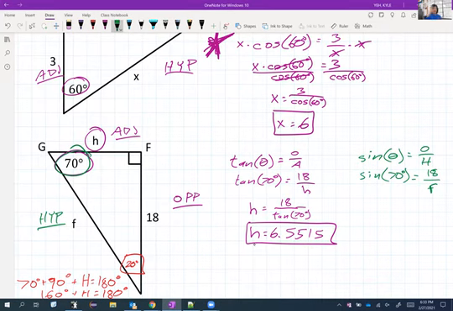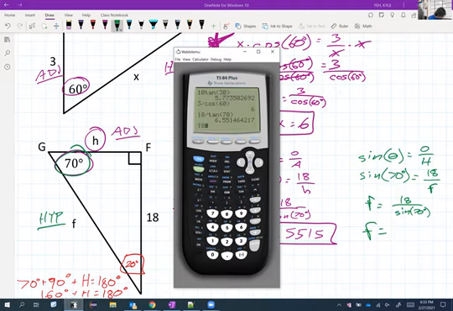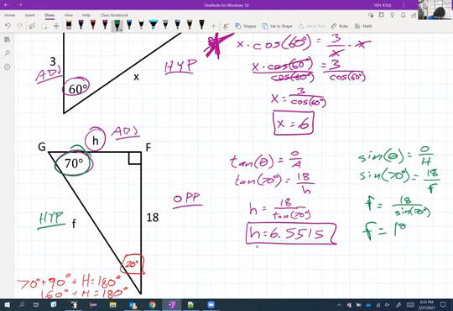Multiply the F up, divide the sine 70 down. F will equal 18 divided by sine 70. F equals 18 divided by sine 70, 19.1552 when we round that fourth decimal.